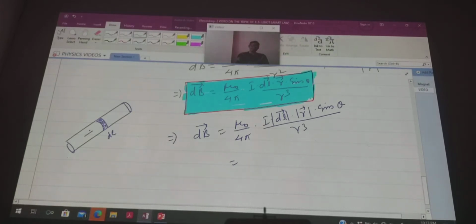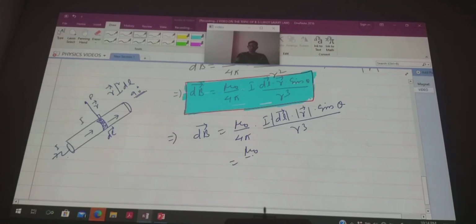Current I is flowing through these directions, and we select a point P. At point P, r is perpendicular to the length dl, so the angle will be 90 degrees. So sin theta gives a cross product in vector form.